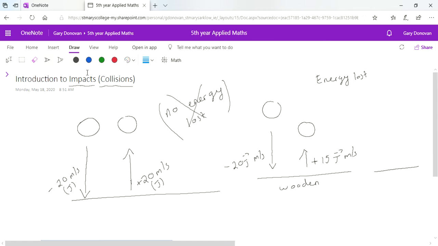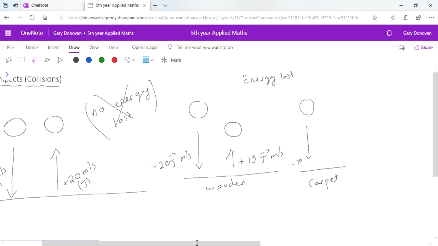If we did exactly the same thing, with exactly the same ball dropped from the same height so that its speed was minus 20 j meters per second, on a carpet floor, would its upward speed be the same? No, you'd assume it might be different. It might be 10 j meters per second. Why? Because carpet is different to wood, so there's going to be a different amount of energy lost.